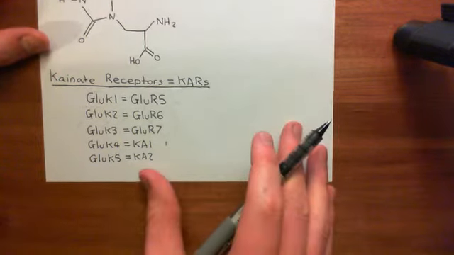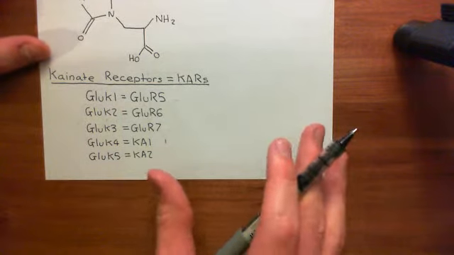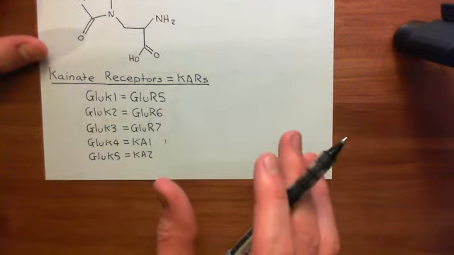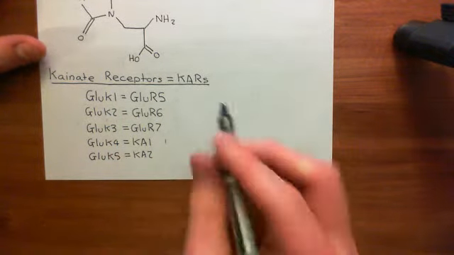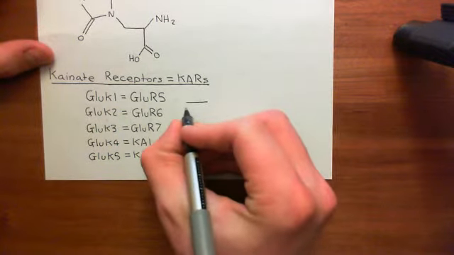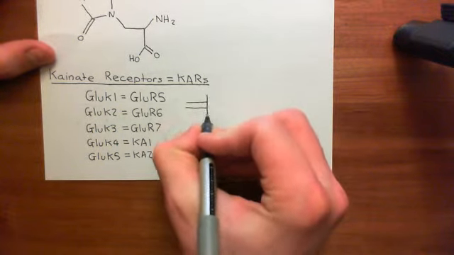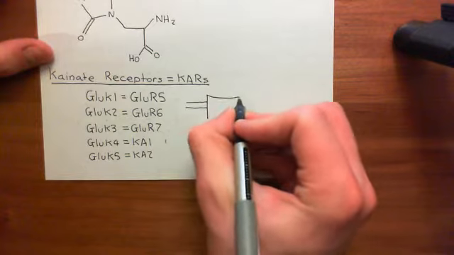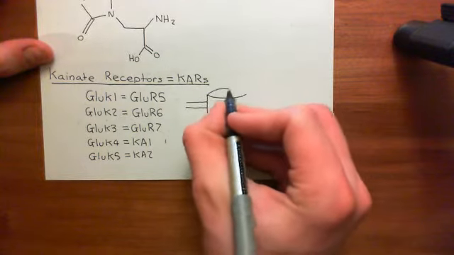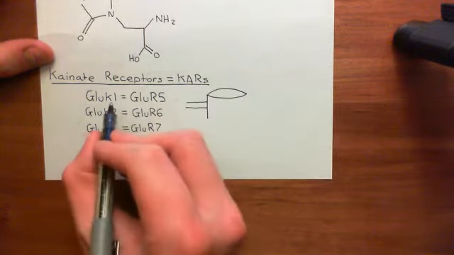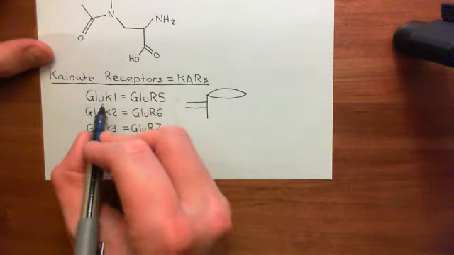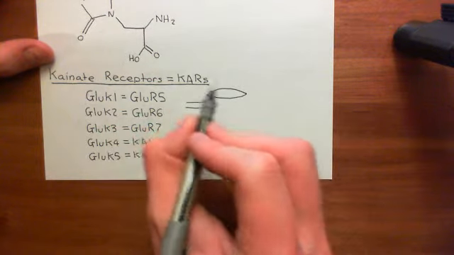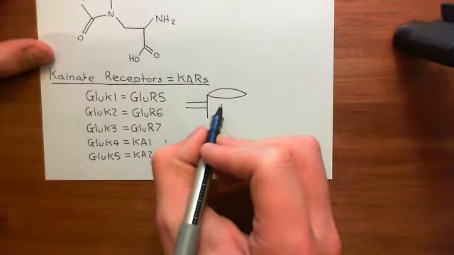So let's now talk about how we can build tetrameric kainate receptors out of these 5 kainate receptor subunits, and I will reiterate what I said when I was discussing the AMPA receptors. You cannot join kainate receptor subunits to AMPA receptor subunits and make an ionotropic glutamate receptor.